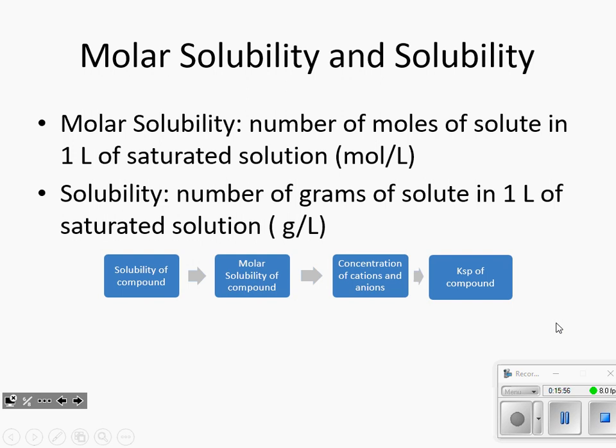You could determine the concentration of both the cations and the anions from that. And if you know the concentration of the cations and the anions, you can solve for the solubility product, the KSP. So that's going left to right on these four rectangles. We could otherwise give you the KSP and have you figure out the solubility of that compound, so go in the opposite direction.